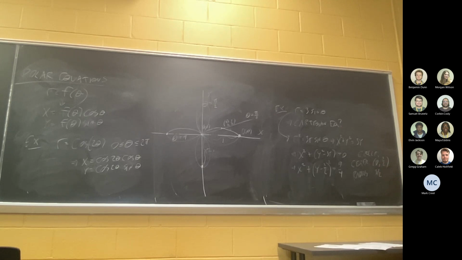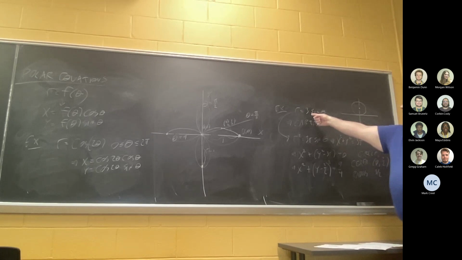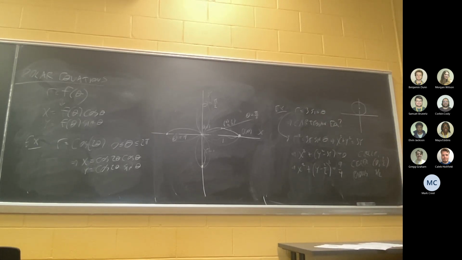So in general, when you have r equal to some constant times sine theta, it's a circle that is perched on top of the x-axis. So it's going to look like this. Whatever constant you have in front of the sine theta, half that value is the radius, and it's also the y coordinate of the center.